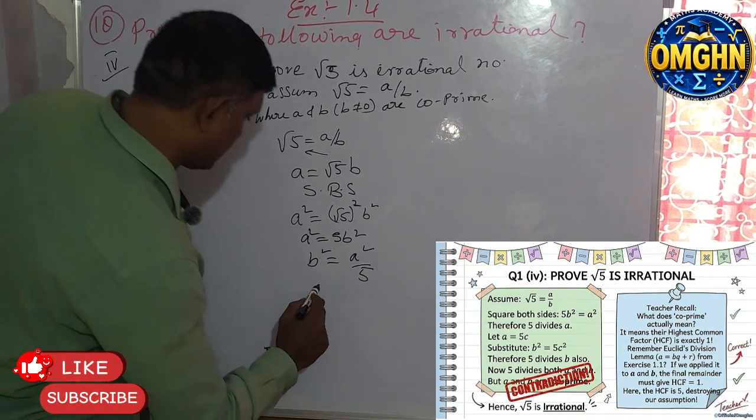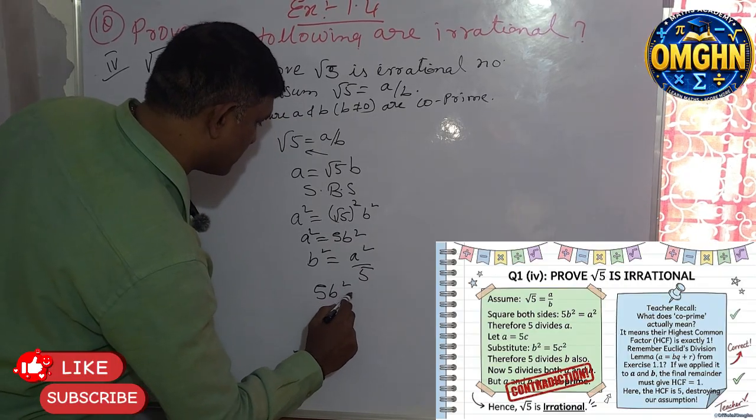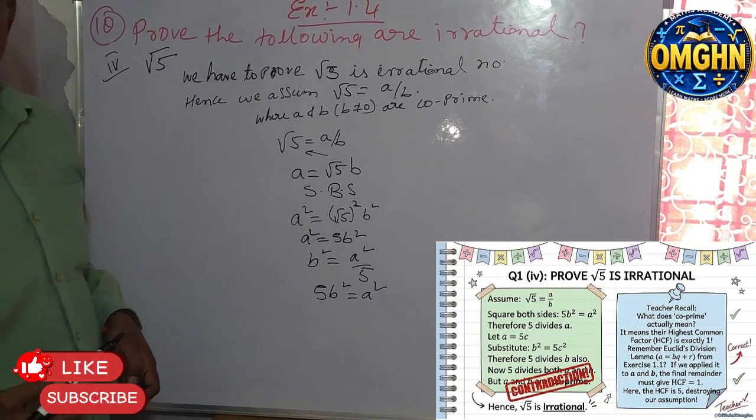Here I can write like this also: 5b square equal to a square.